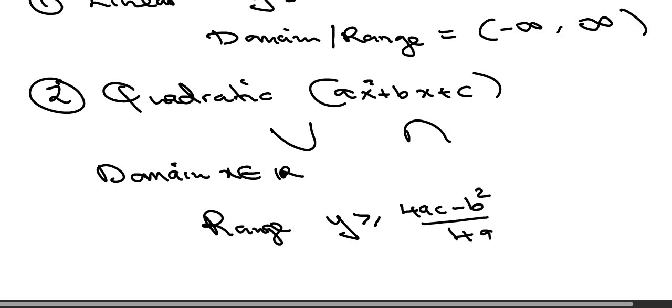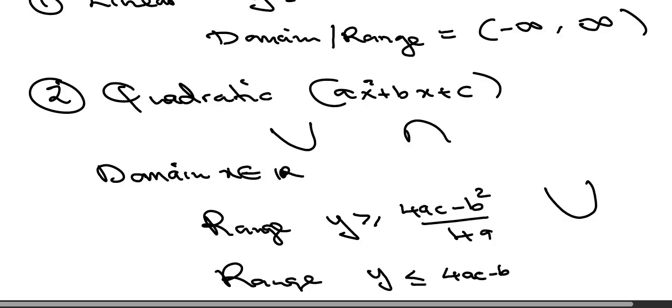This is if your graph is facing like that. Then if your graph is facing down, y is going to be less than or equal to this value here. This is the simplest way I've found to get the range of any quadratic function. So it depends on the coefficient of a. Here the coefficient of x squared is greater than 0, here it's less than 0, right? So it really depends on what you are given on quadratic functions.